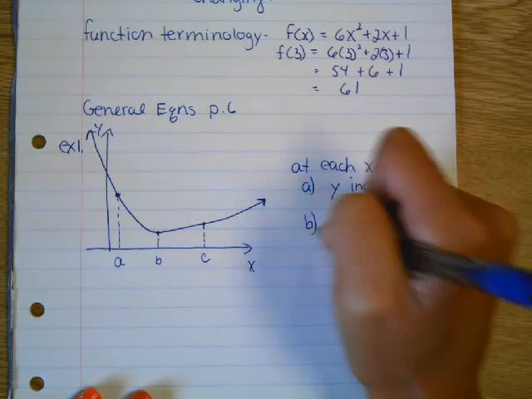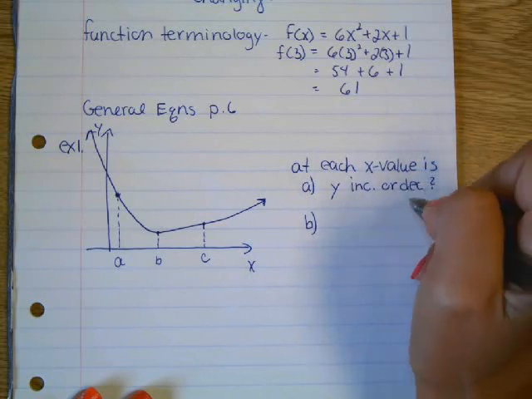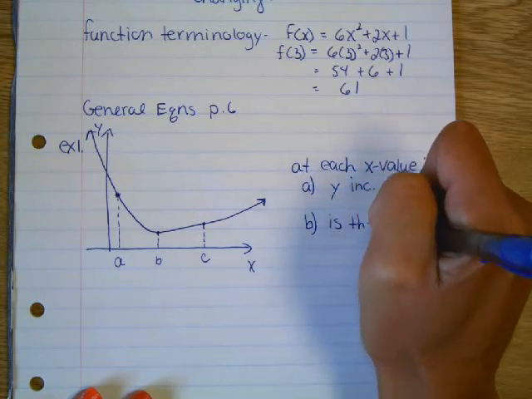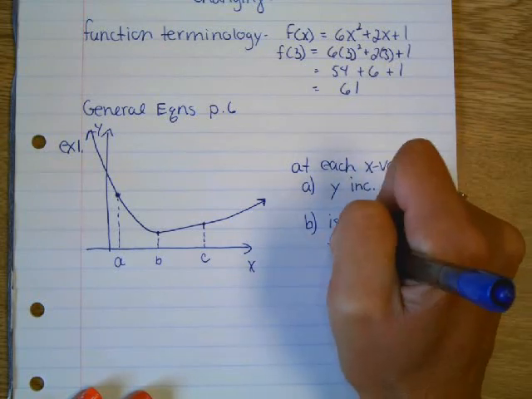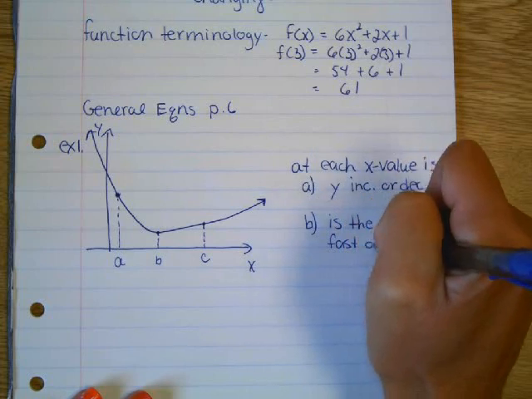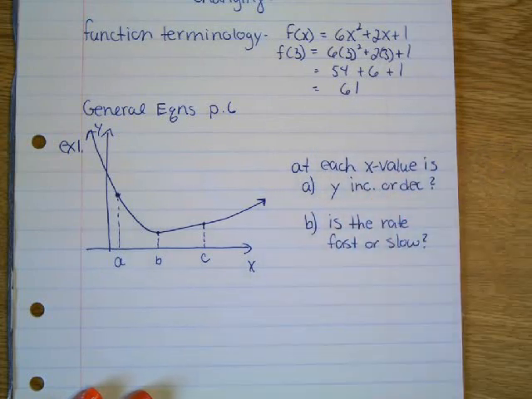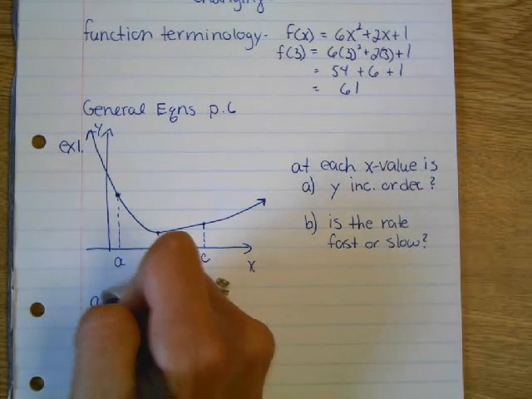And then after that, I want you to tell me, is the rate that it's increasing or decreasing fast or slow? Okay, so for point A first, we'll start there.